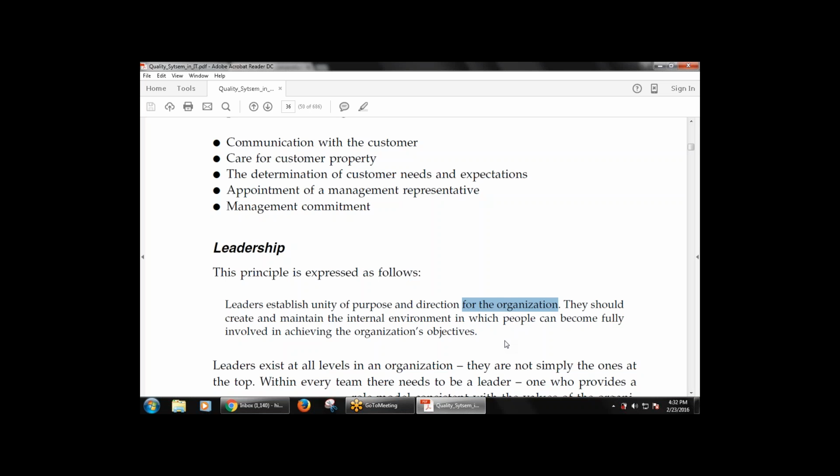Now, what is the meaning or the role of this principle? Leaders exist at all levels in the organization. They are not simply the ones at the top.